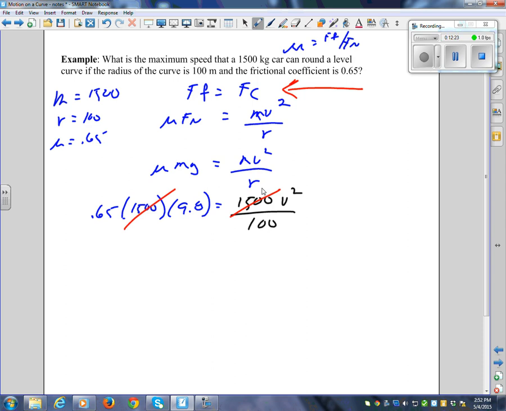I get 6.37 over here. Here I've got V squared over 100. 100 times 6.37, and it's V squared, so I have to take the square root.